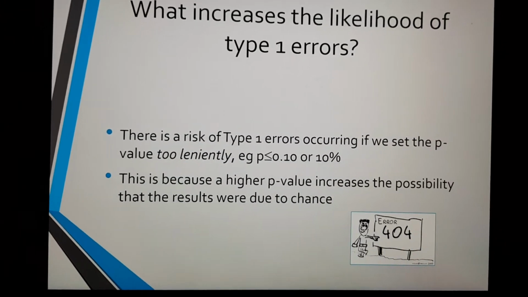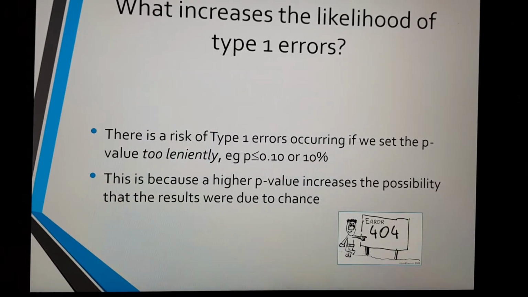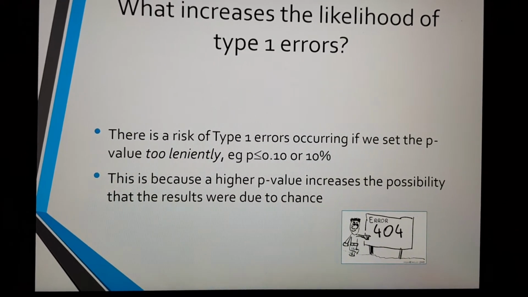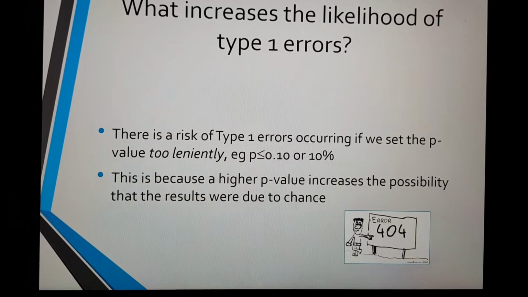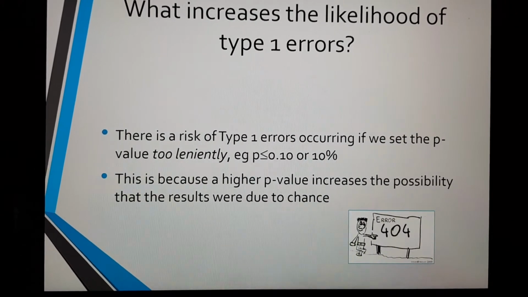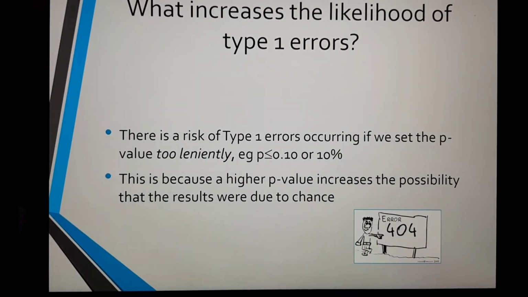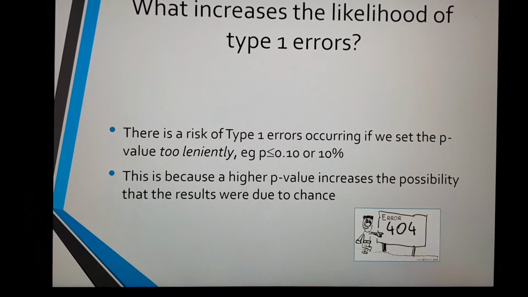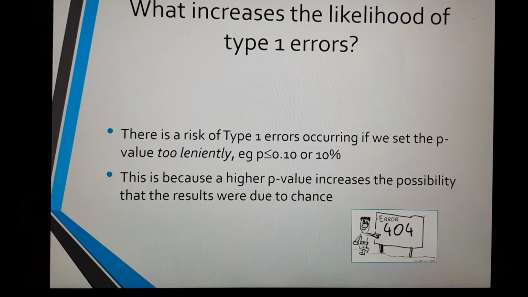When does it happen? It's all linked to where you set your p-value. So if you set it too leniently, for example at the 10% level, so p is equal to or less than 0.10, you're more likely to make a type 1 error because you've got more chance introduced.